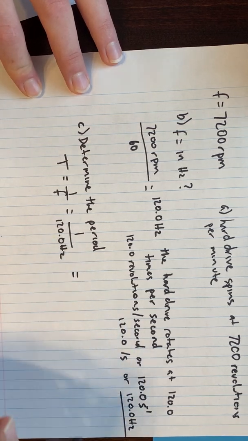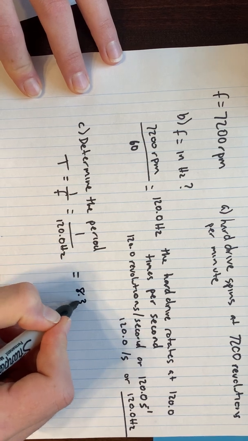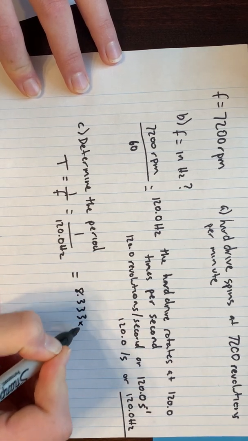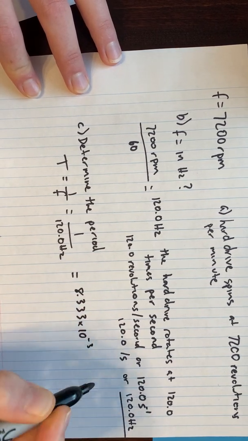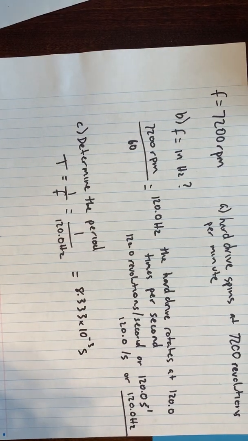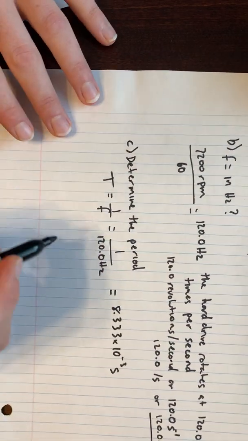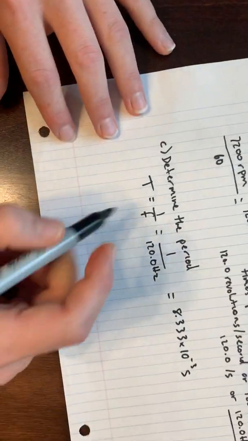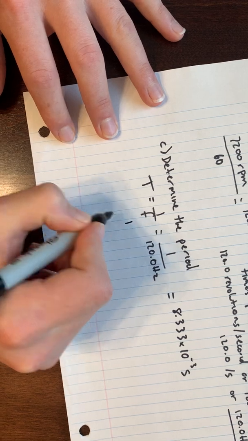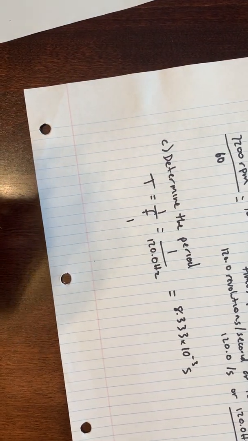And that will give us an answer of 8.333 times 10 to the negative 3 seconds. So the units for period is going to be seconds.